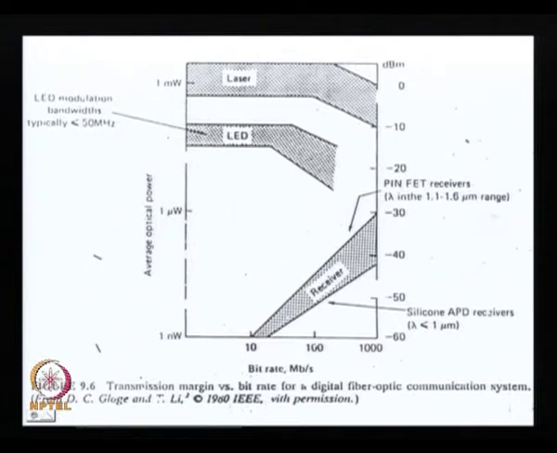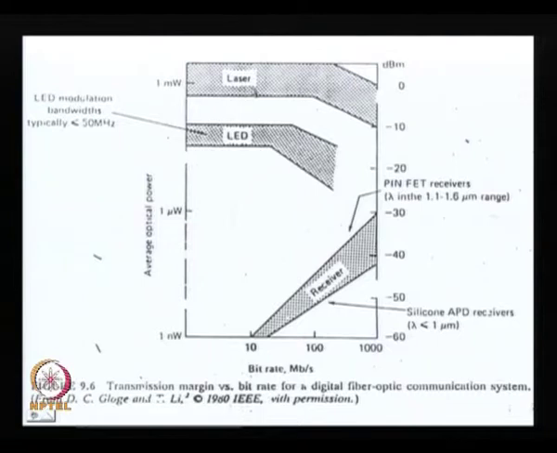Typically, when we talk about optical transmitters, we have powers which range from minus 3 dBm to about plus 3 dBm. That means about half a milliwatt to about 2 milliwatts. That is the typical power which you will see from the transmitter if you are using a device like a laser.